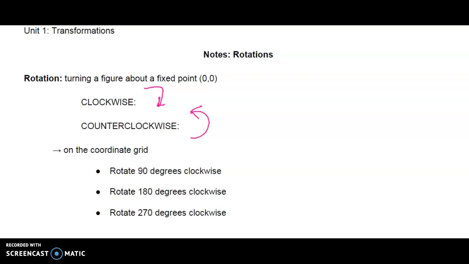On the coordinate grid, we do have some rules that we can remember to help us do our rotations. When we rotate 90 degrees clockwise, our ordered pair (x, y) will become the ordered pair (y, -x). So our x and y values switch spots, and then our x value becomes negative.